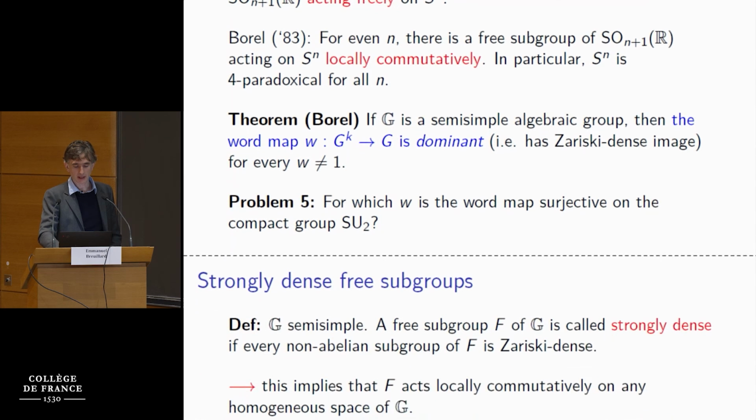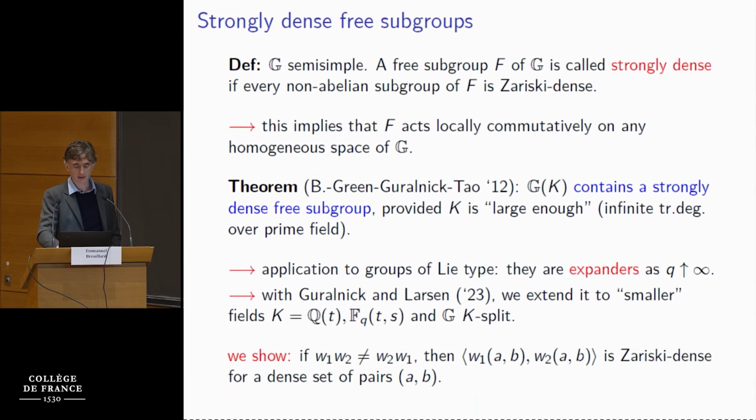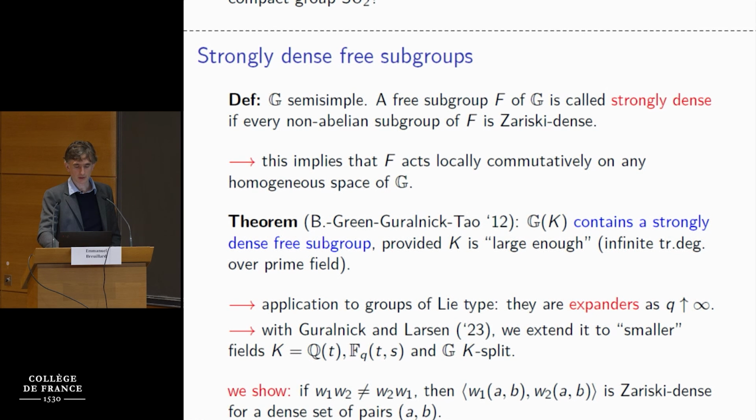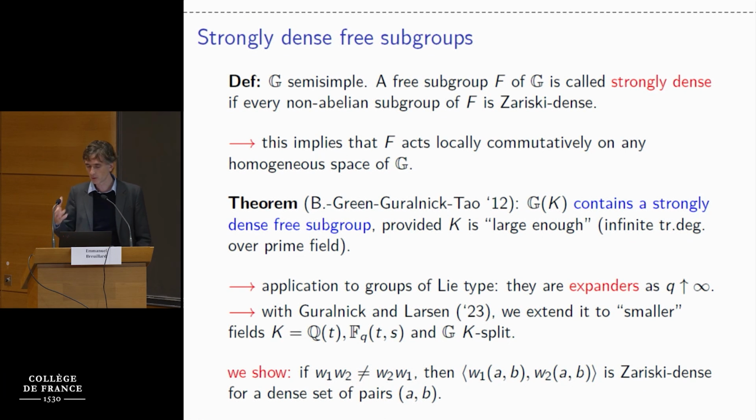And I'll end up with, this will be my last slide, almost. If you want to find a group that's locally commutative, so being locally commutative means that point stabilizers are commutative. But a stronger property is what we call the strongly dense property.